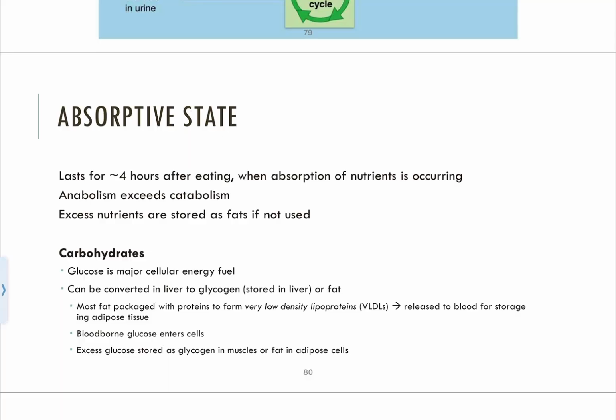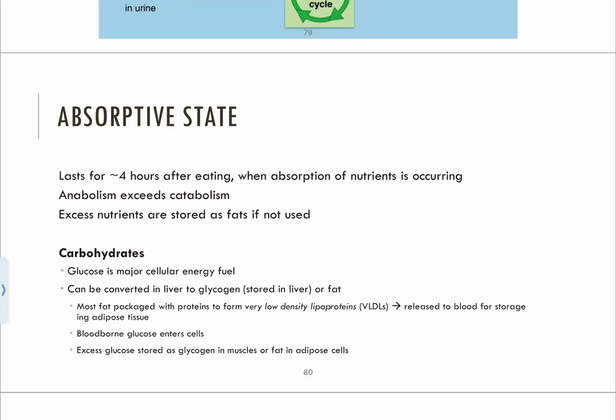So let's talk about carbohydrates. Carbohydrates, we know, are a major cellular energy fuel. If we have excess glucose, it can be converted in the liver to glycogen and stored in the liver, or it can be converted into fat.